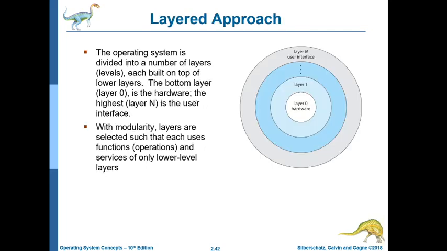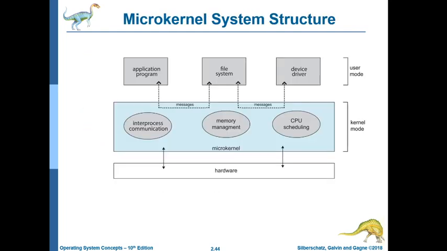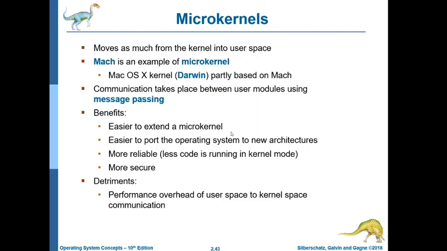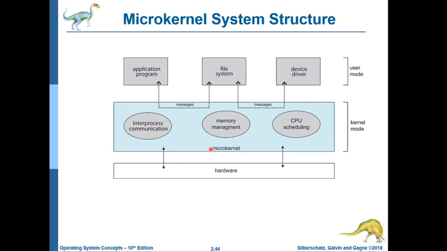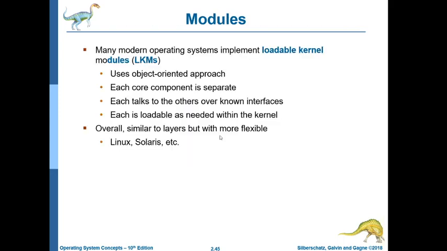The operating system is divided into a number of layers here. And if you look into this picture here, right, the microkernel sits here, and inside the microkernel we have all kinds of services that the operating system provides, basically to manage the CPU, manage the memory, and etc. Right?